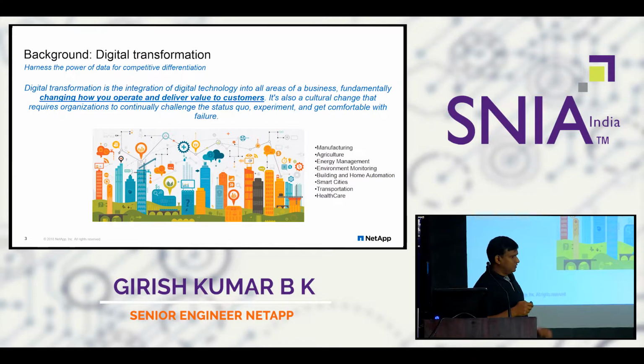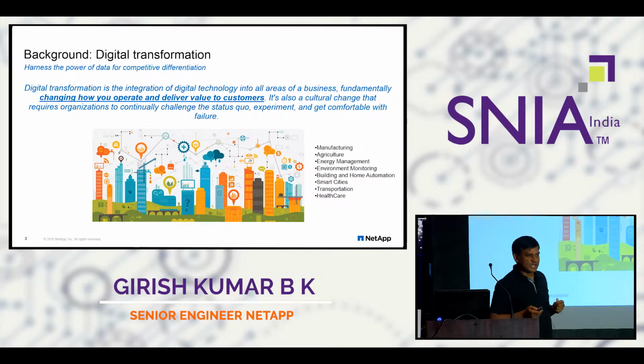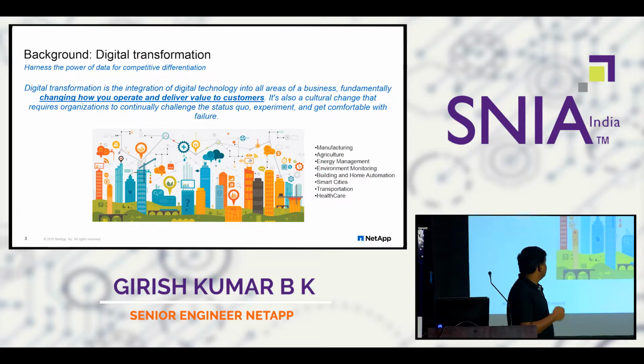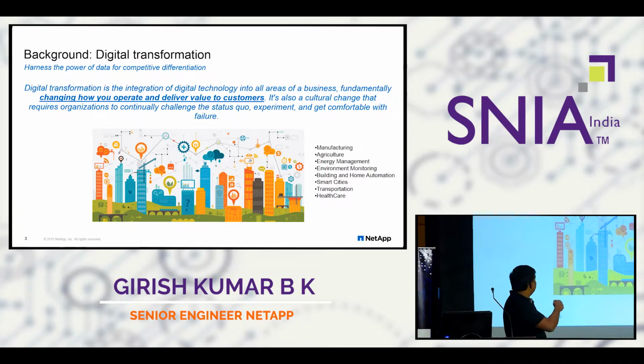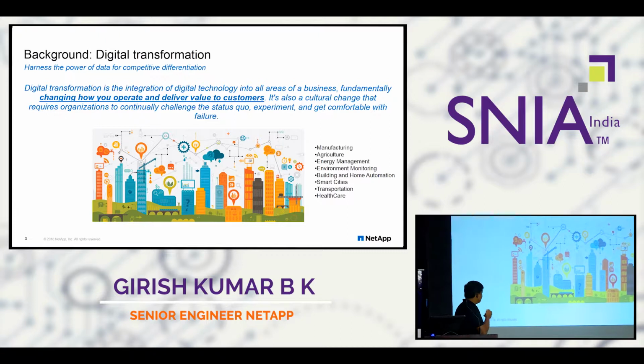Okay. So a bit on Internet of Things. So we all know that digital transformation is happening today. It's been happening over a period of time, but it has taken a pace in the last few years to a very high level. And just to set the context, I would like to read this out. It's very nice.